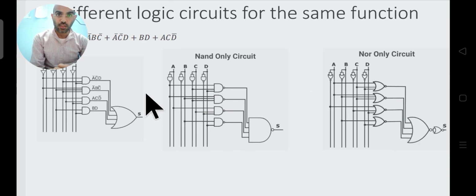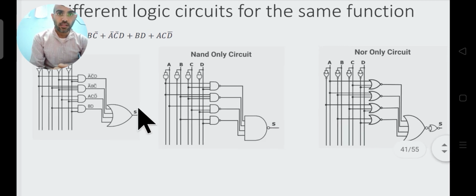There is no change. To get this circuit from this, we have used 2 bubbles: one bubble here and another bubble here. Because all the inputs of this OR gate will be bubbled, it can be replaced with a NAND gate, because this is equivalent to a NAND gate. So we have to do this.